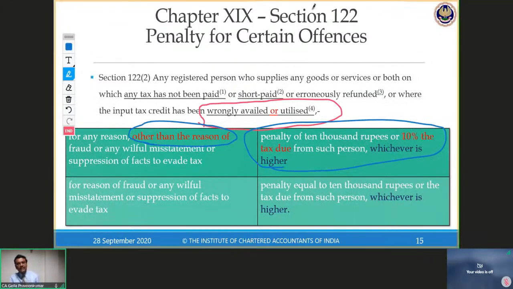There is one good question asked by one of your friends, Sridhar. Continuing from what Sridhar has asked, my answer is here. If there is no intention to evade, no misrepresentation, no suppression of facts, then I have to prove to the department by writing a letter to the concerned jurisdictional range office: I have filed my GST return for the month of August 2019.